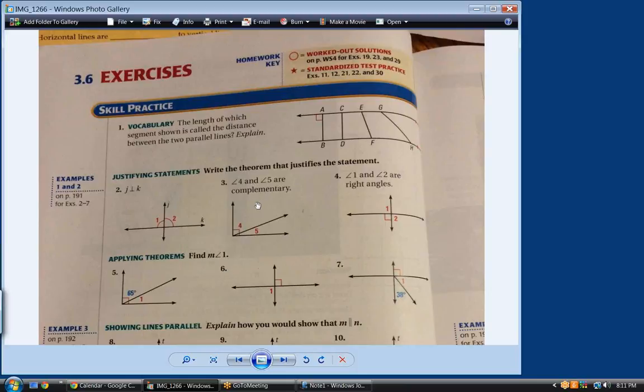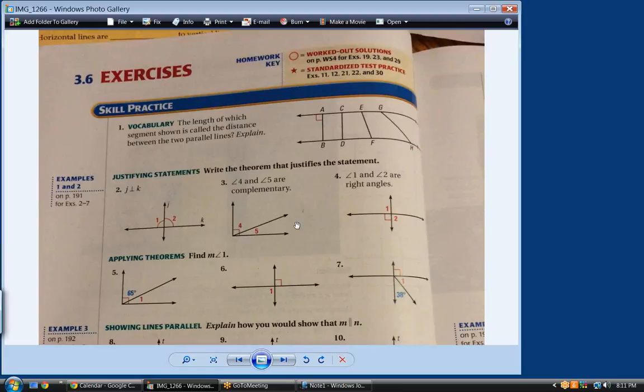Now look at the next problem. How do we know that 4 and 5 are complementary? Read the next theorem. It's probably theorem 3.9. Yes, because it has a right angle symbol, so we know that the angle is 90 degrees.